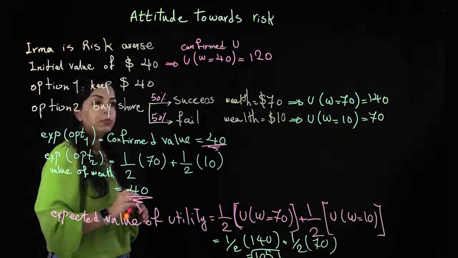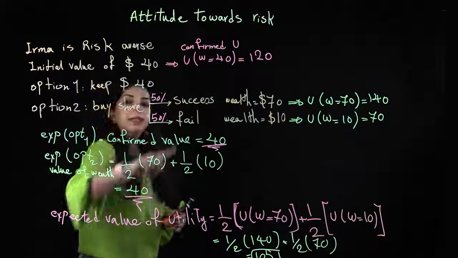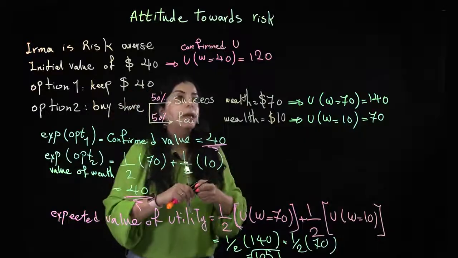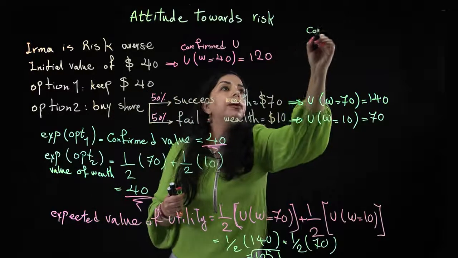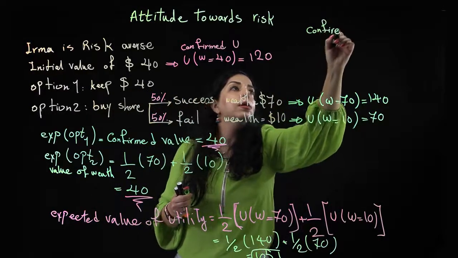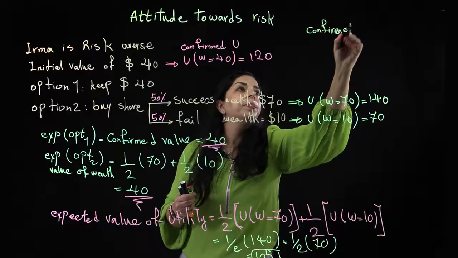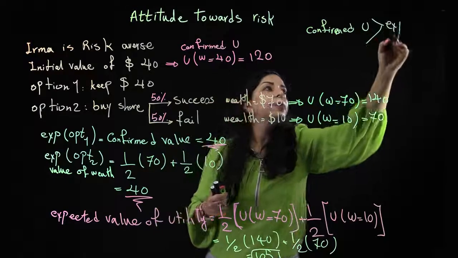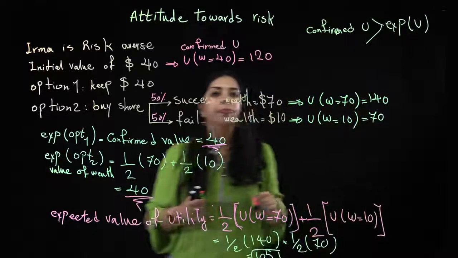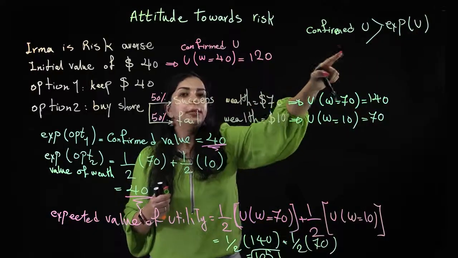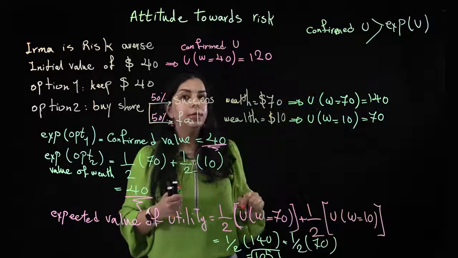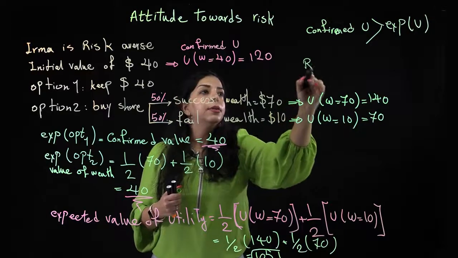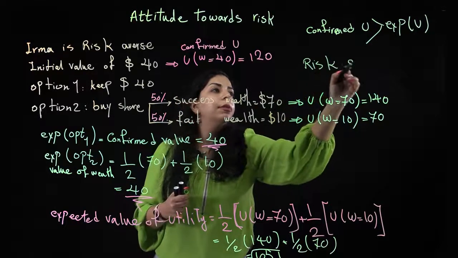Now, once the wealth value is the same, we know that the confirmed utility is bigger than the expected utility. So in this situation, the person is risk averse.